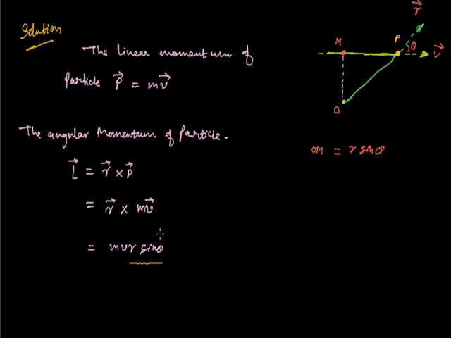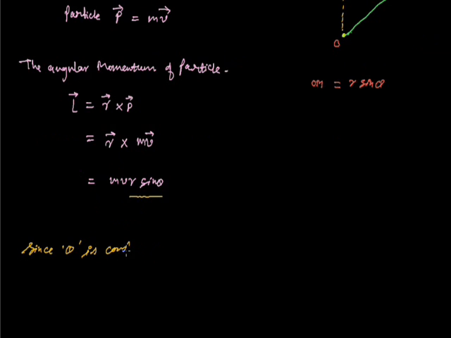Every time the direction of the position vector is changing and the direction of the linear velocity is changing, but at every instant of time the angle between the position vector and the velocity is the same. In that case, the r sine theta value is constant. It means the angular momentum of the particle throughout its motion will be constant.